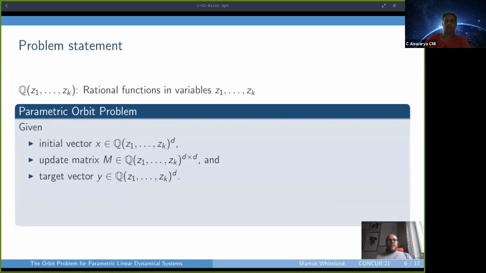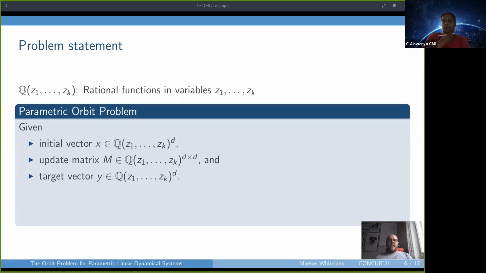For some notation, we let q of z1 to zk denote the set of rational functions in k variables. One can think of them as functions obtained by the basic operations multiplication, division, addition, and subtraction on the variables and the rational constants. The setup of the problem is as follows.